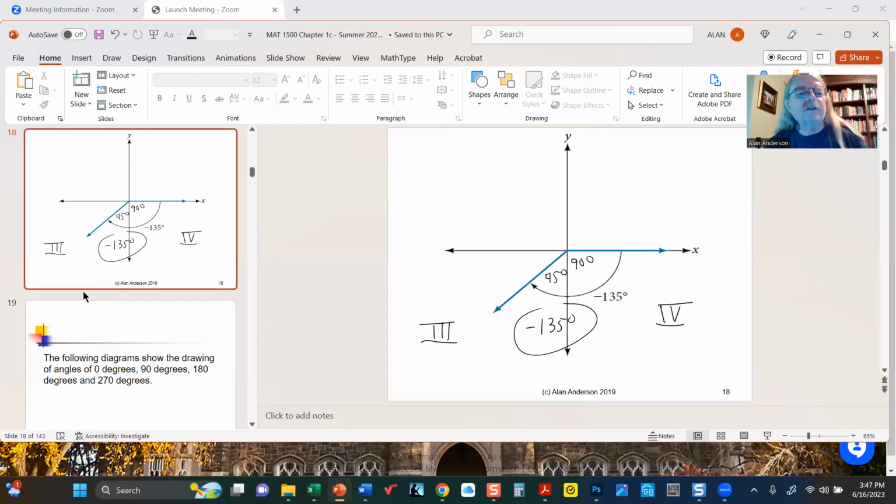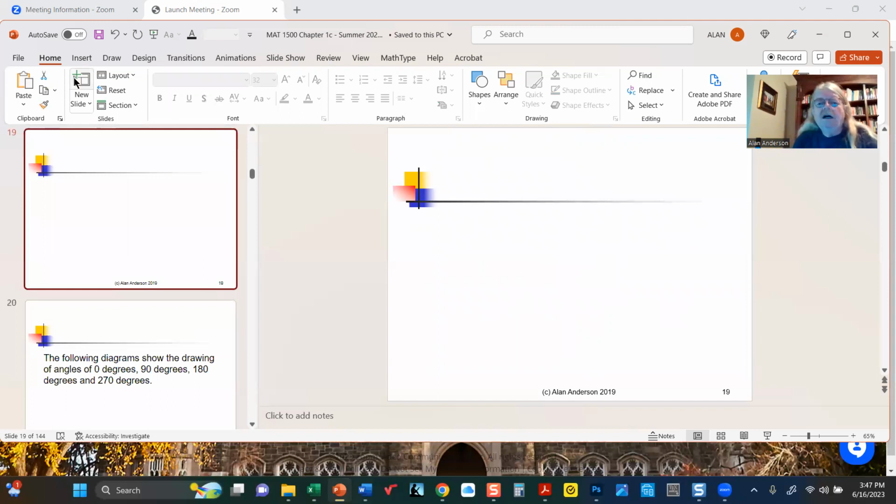Now, by the way, just as a quick fun aside, I just want to remind you that this direction is defined as clockwise.